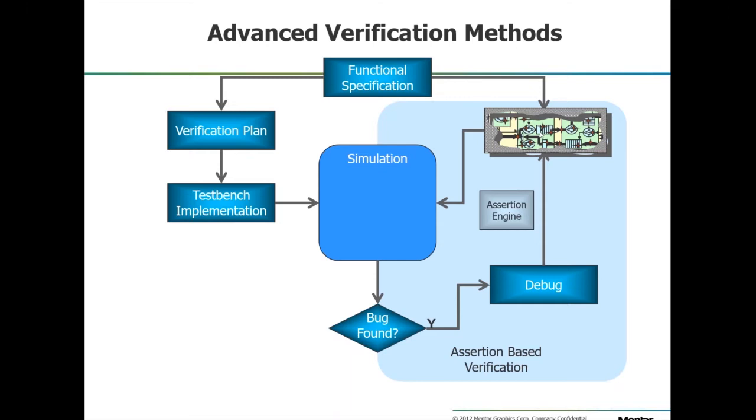Those assertions are also temporal, in the sense that they say, when I see this internal condition, then I want to wait 5 cycles and I want to check for this. And then I want to wait 3 to 7 cycles and I want to check for this. And then I want to wait and check for this. So they're good at doing temporal sequential protocol checking in a way that VHDL and Verilog are not.